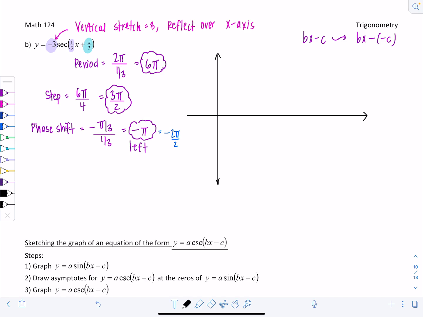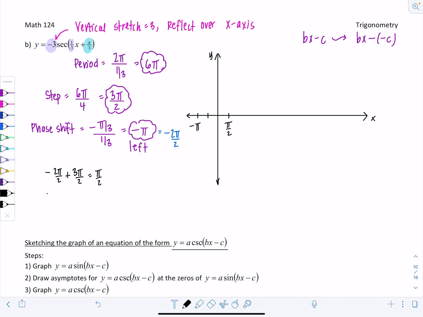So here's negative 2 pi over 2, or negative pi. And I'm going to count 3 pi over 2 for each step. I'll do the work over here. So we have negative 2 pi over 2 plus 3 pi over 2 gives me 1 pi over 2.